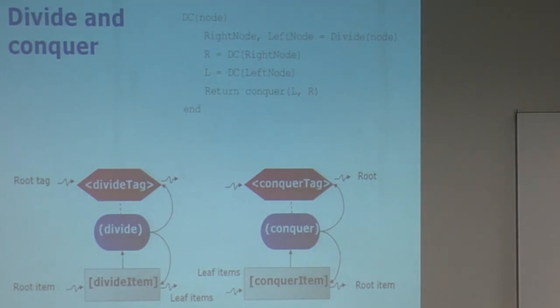So it's a little different in that sense. And you probably want to connect these 2 up. So you want the leaves of the tree going over here, and the leaf tags going over there as well. Okay, so divide, conquer, and while all look identical.